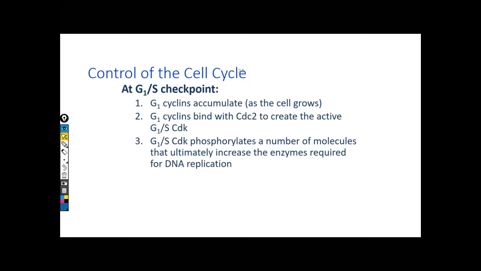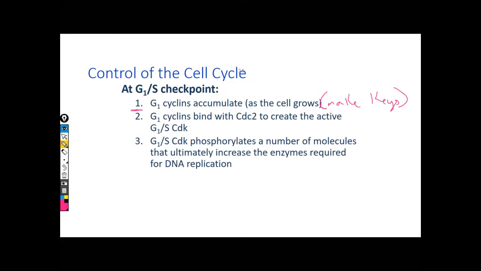So step one, I'm growing, I'm making more cytoplasm, I'm making more plasma membrane, I'm becoming a big adult cell from a bebe cell. And while I do that, I also make keys, aka the cyclins, right?